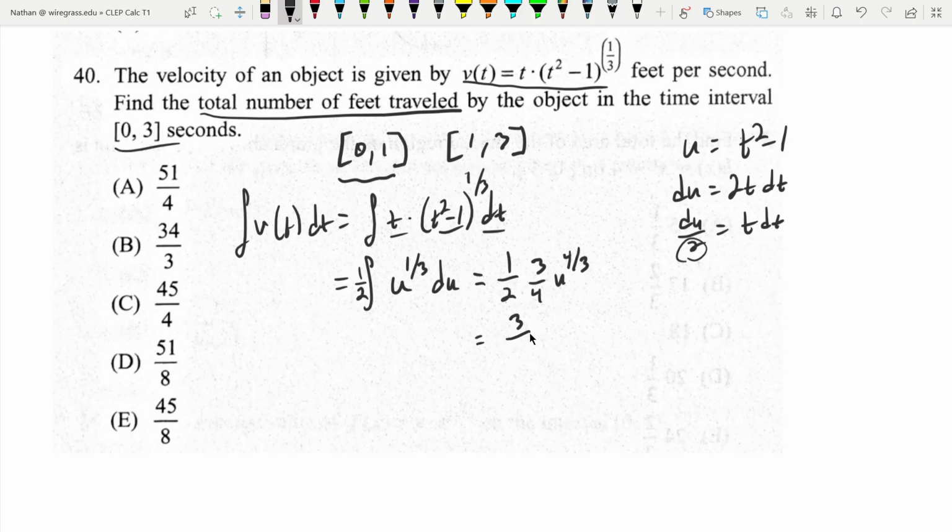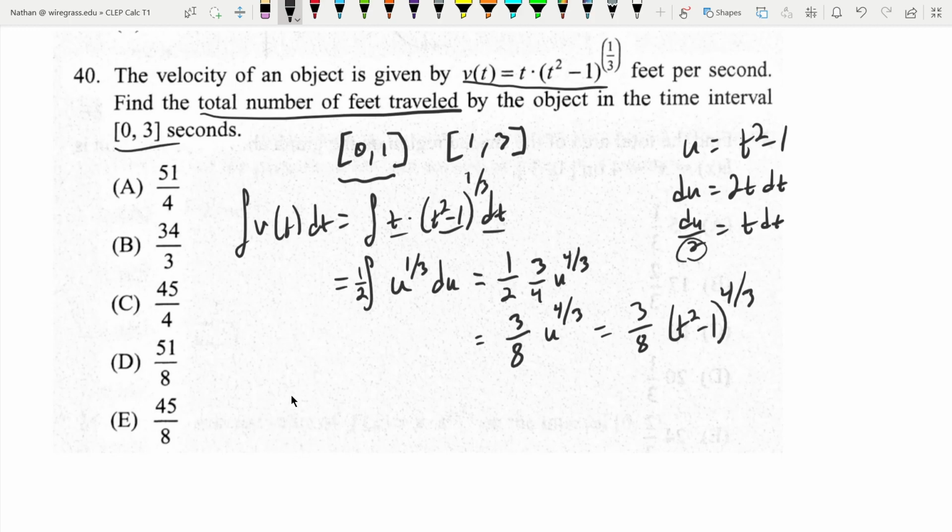So we get 3/8 u to the 4/3. Of course, I need to go back to the original variable. That gives me (t squared minus 1) to the 4/3. So now I can do my definite integration using the fundamental theorem of calculus and find my answer.